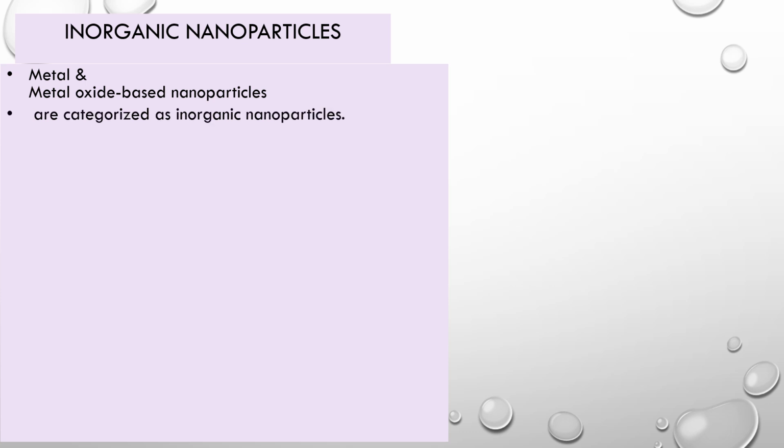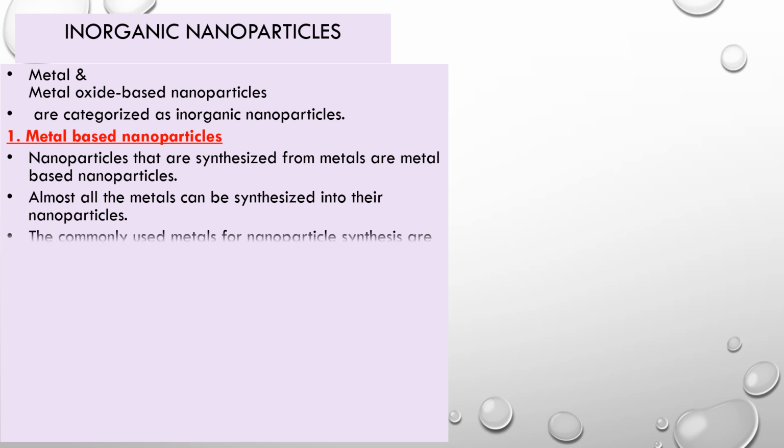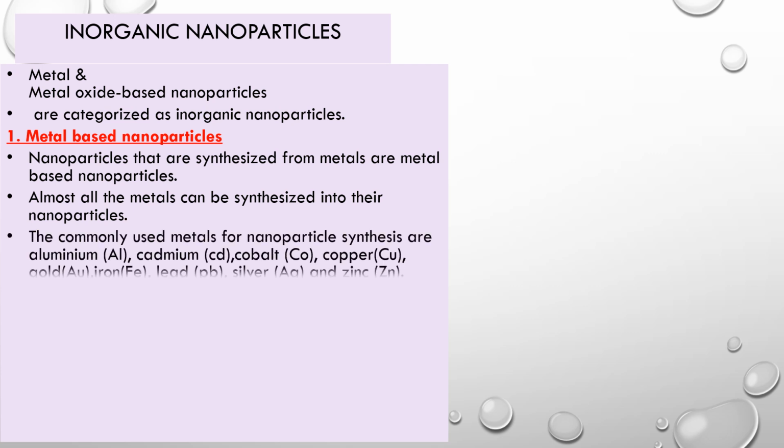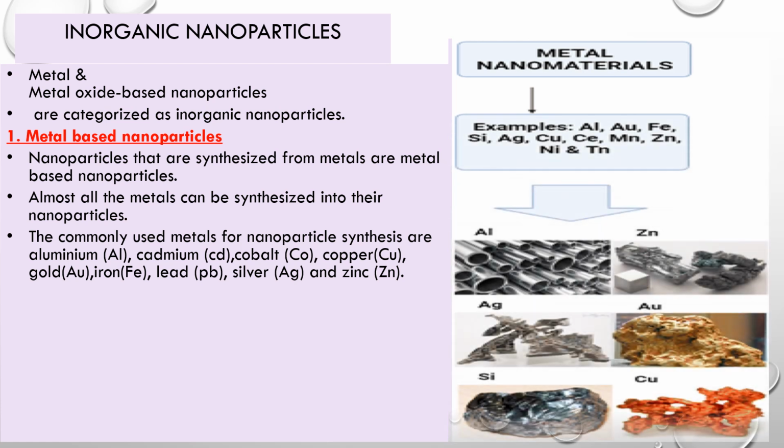Let's see inorganic nanoparticles, that is metal and metal oxide based nanoparticles. See the first one, metal based nanoparticles. The nanoparticles which are synthesized from metals are called metal based nanoparticles. Almost all the metals can be synthesized into their nanoparticles. See the commonly used metals, that is aluminium, cadmium, cobalt, copper, gold, iron, lead, silver and zinc.